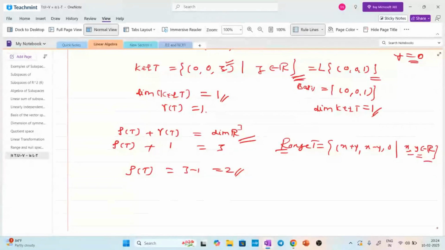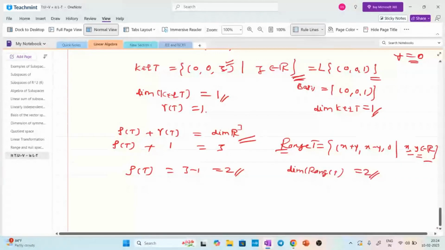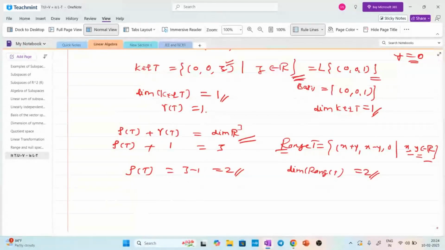This implies the dimension of the range of T is also 2, since the number of free variables in the subspace is only 2. So the same answer came from the rank nullity theorem as well. I hope all of you understand this example.